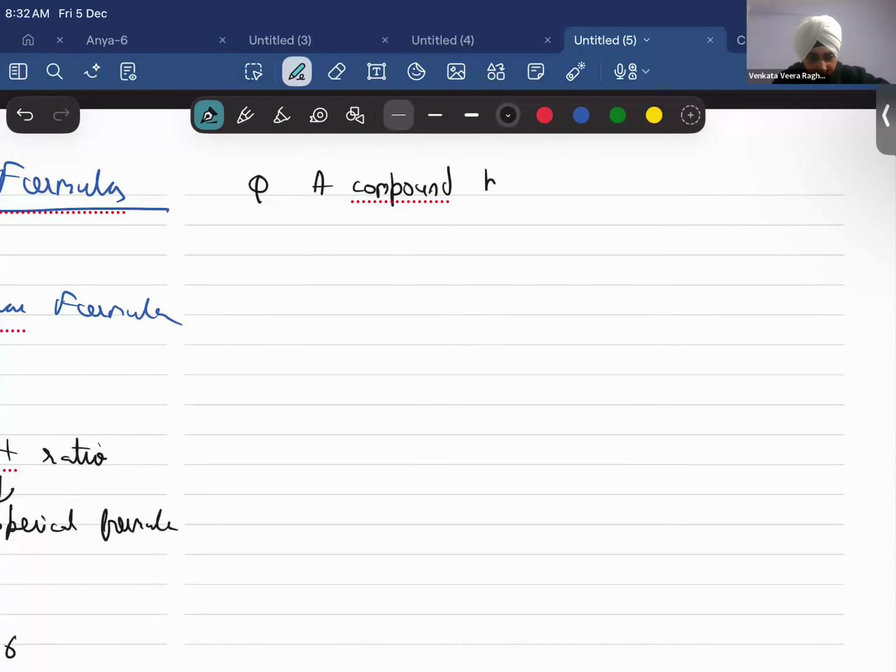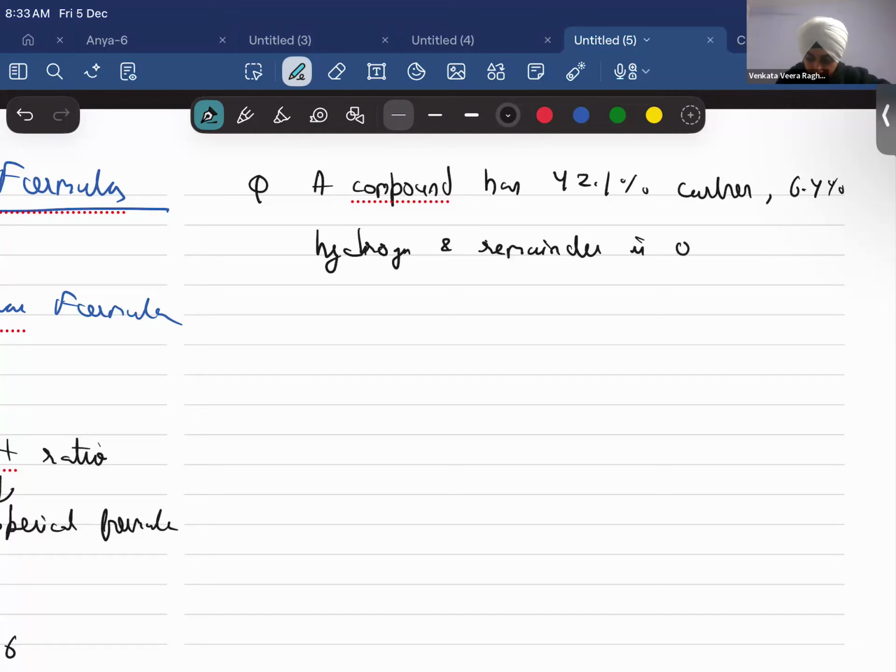A compound has 42.1% carbon, 6.4% hydrogen, and the remainder is oxygen.